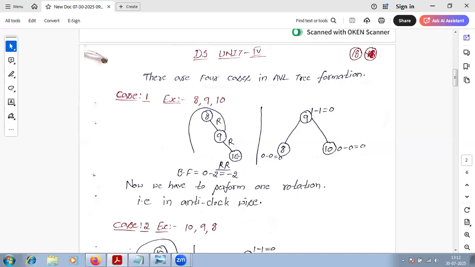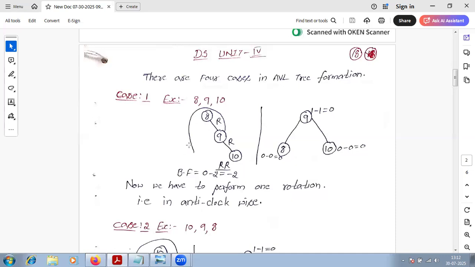Now, what do we have to do? If you want to say the tree is an AVL tree, what condition do we have to satisfy? We have to check all the balance factors of every node in this tree structure. If all the balance factors are within the range of -1, 0, and 1, then we can say it is an AVL tree. See, now check the balance factor of 8.